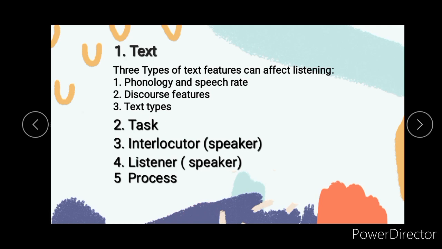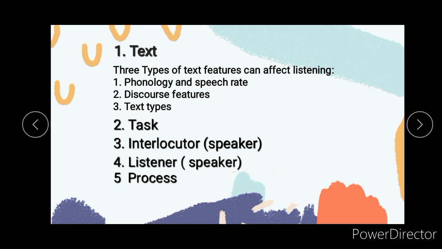The next one is in terms of listener. Listener characteristics include the language proficiency, gender, memory, interest, purpose, prior knowledge, attention, accuracy of pronunciation, the topic familiarity, and established learning.